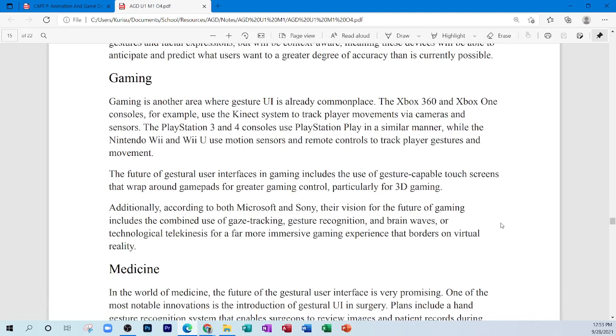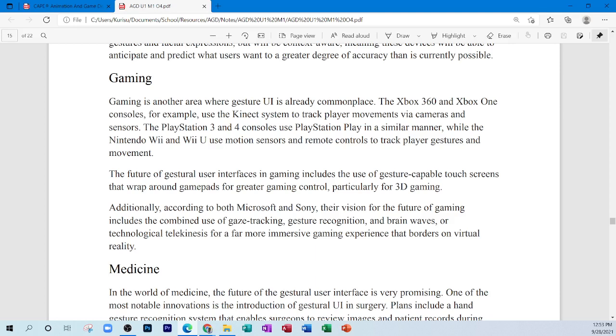Gaming is another area where gesture UI is already commonplace. The Xbox 360 and Xbox One consoles, for example, use the Kinect system to track player movements via cameras and sensors.